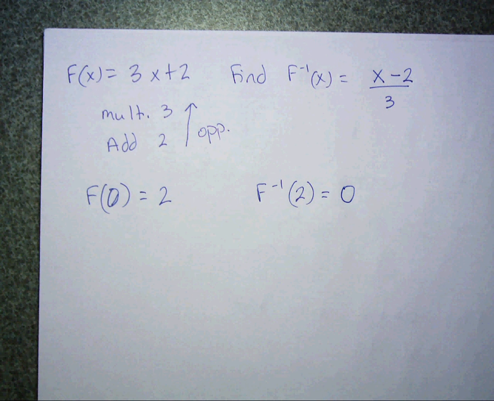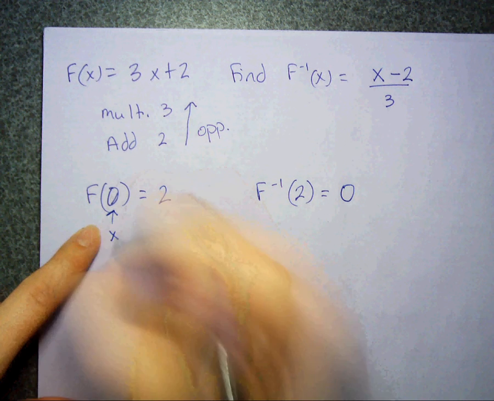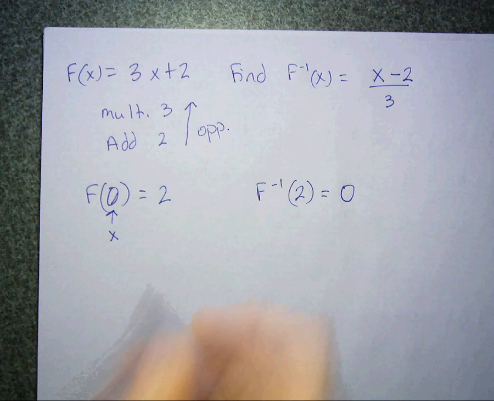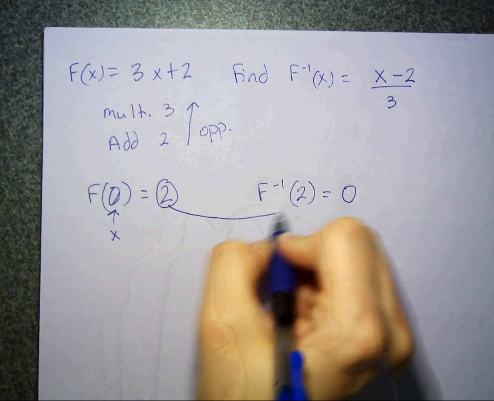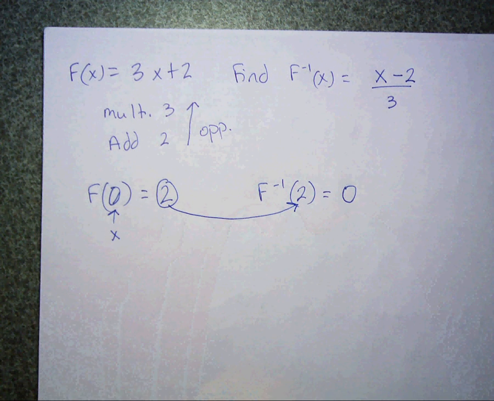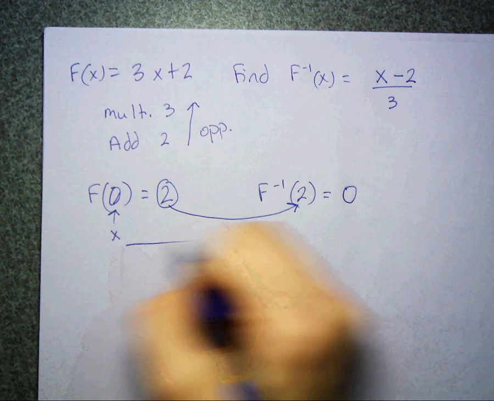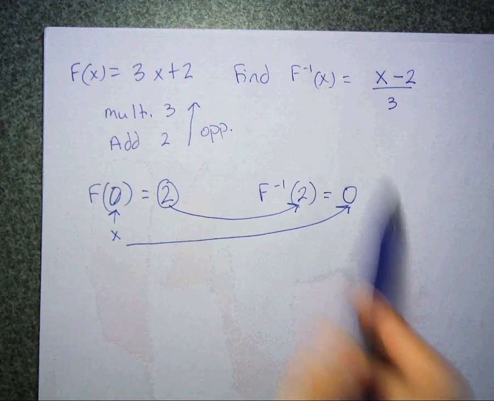Right? And so if I plug some x value into my original function and take whatever I get back out and plug that into my inverse, I should get my original value back out. We agree? Okay. This is the composition.